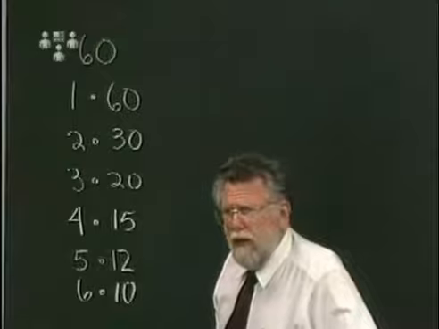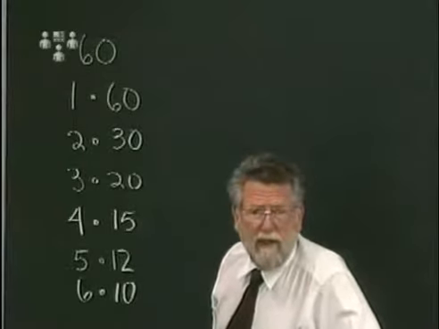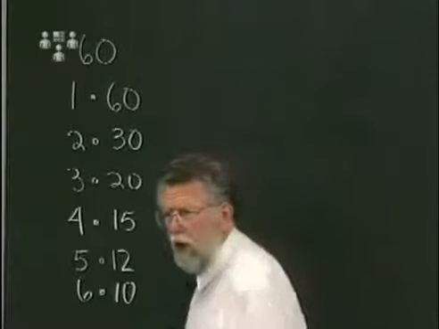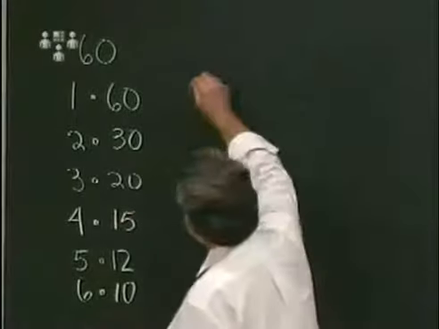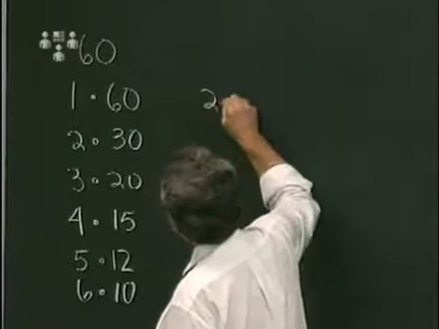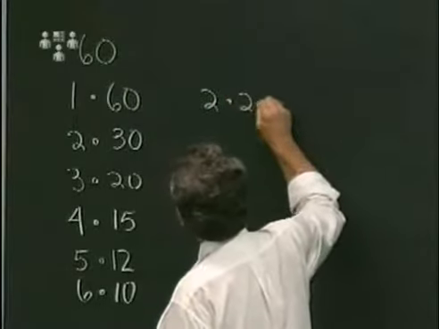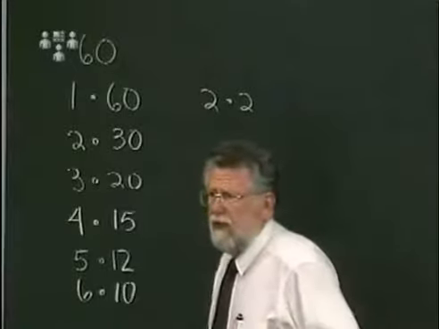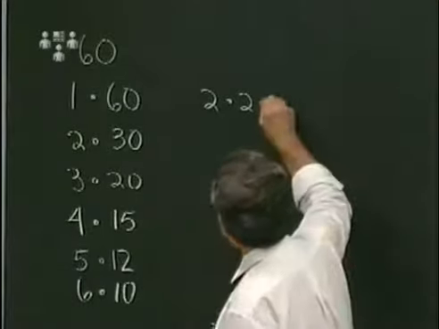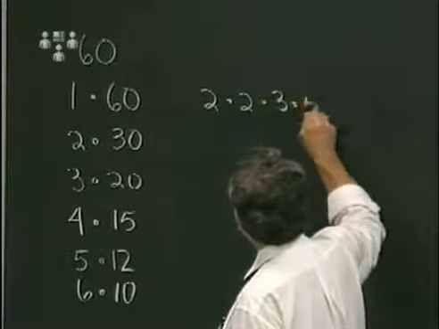Now, if you want to have the divisors using primes to look at all possible divisors, then you could say that this is going to be 2 times 2, okay, because we're going to have, in terms of what I'm doing here, the 4 times 15, so the 3 times 5.